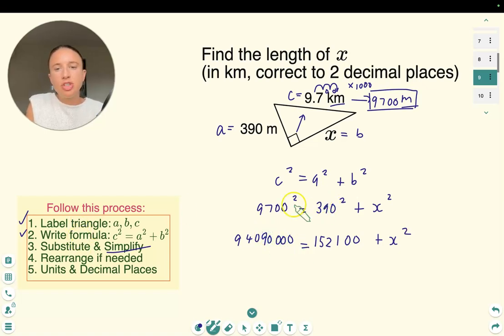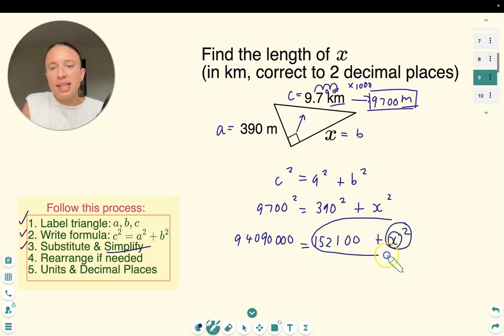So you always want to substitute and then simplify on each side as far as you can. And now we're rearranging. I'm looking at this and thinking, how can I get X on its own? It's being squared and then this is being added to it. So I'm going to move what's furthest away first on this side.